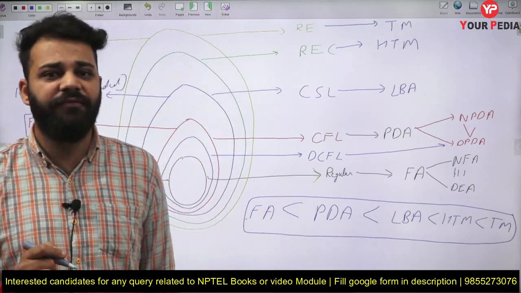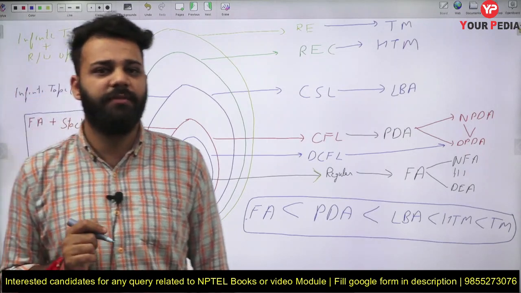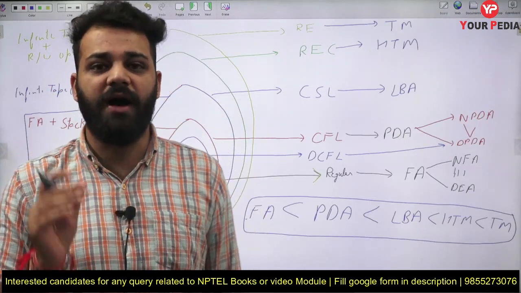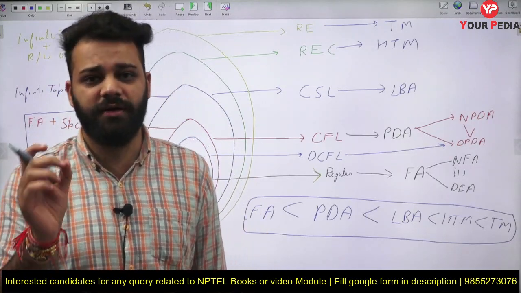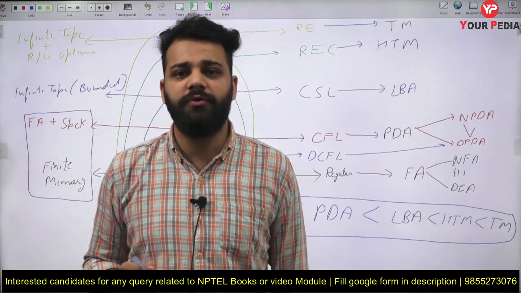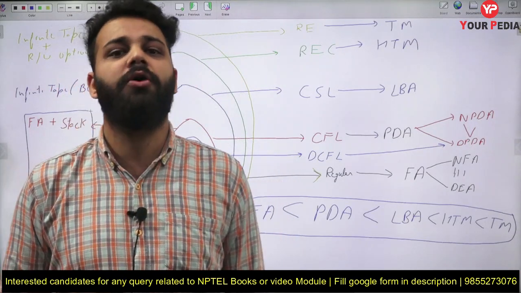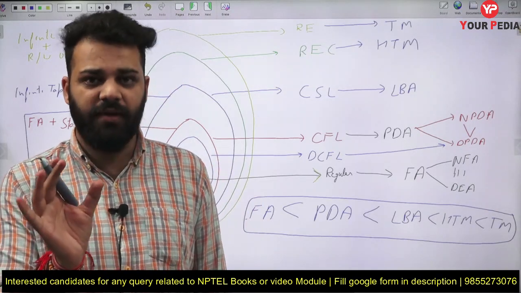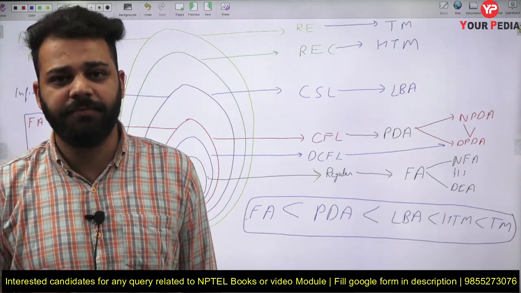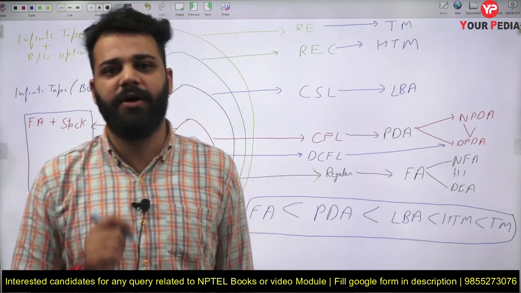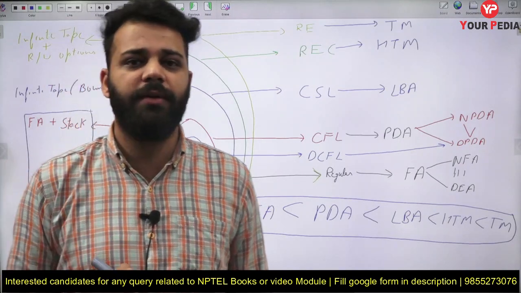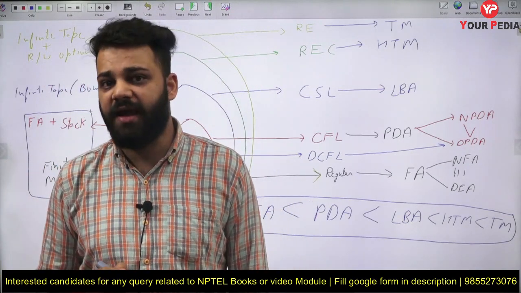But if you have a stack with it, you can make infinite number of comparisons because you have stack to compare. We will see in some time how stack does those infinite number of comparisons. If the number of comparisons are finite, then the finite automata will be able to do it. But if the number of comparisons is infinite, then we need to have stack.